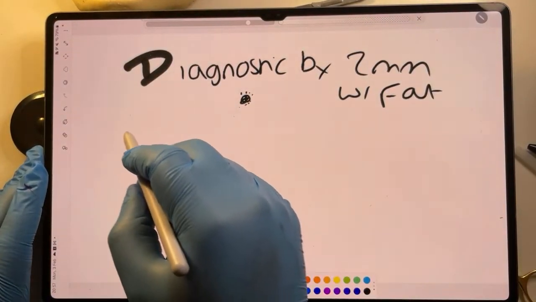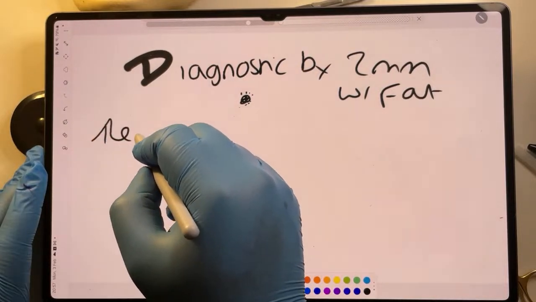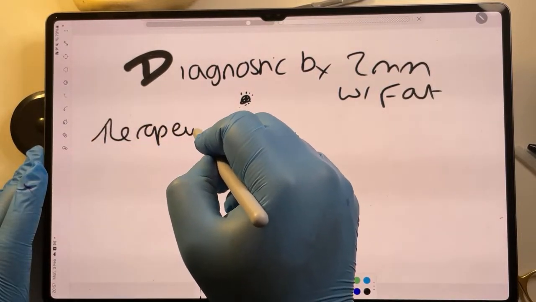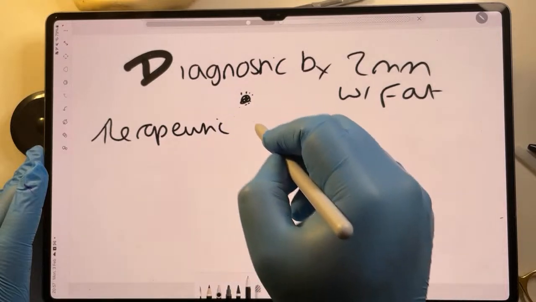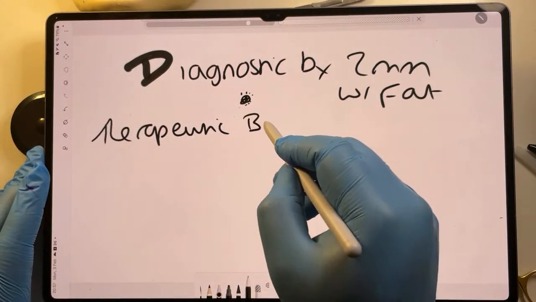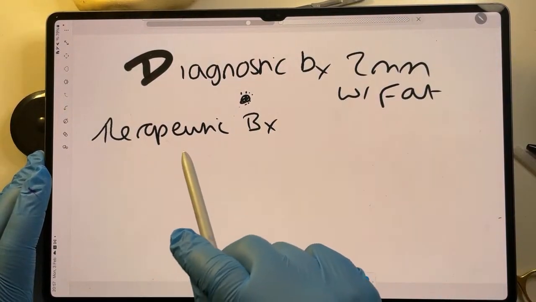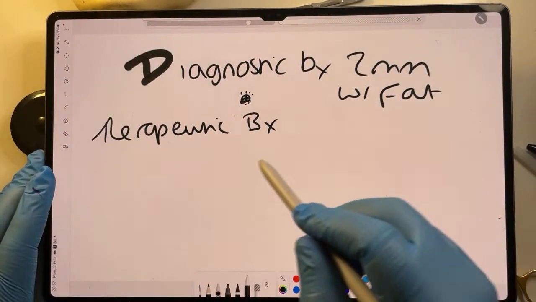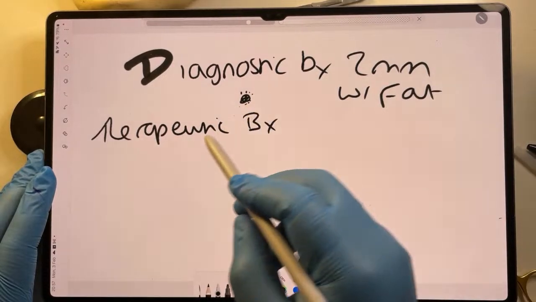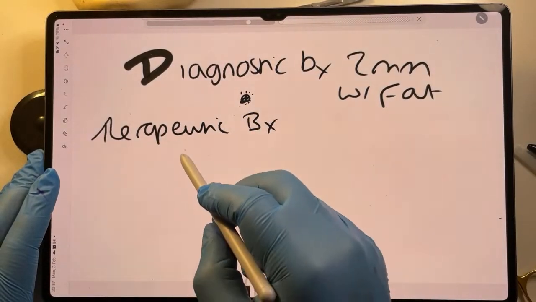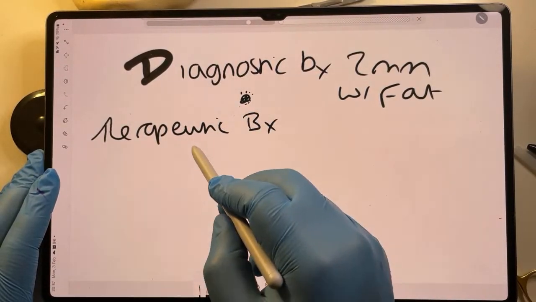Then we've got our therapeutic biopsies. These are excision biopsies. They are with the intent to cure. We can split them into different categories. Skin cancer, essentially.